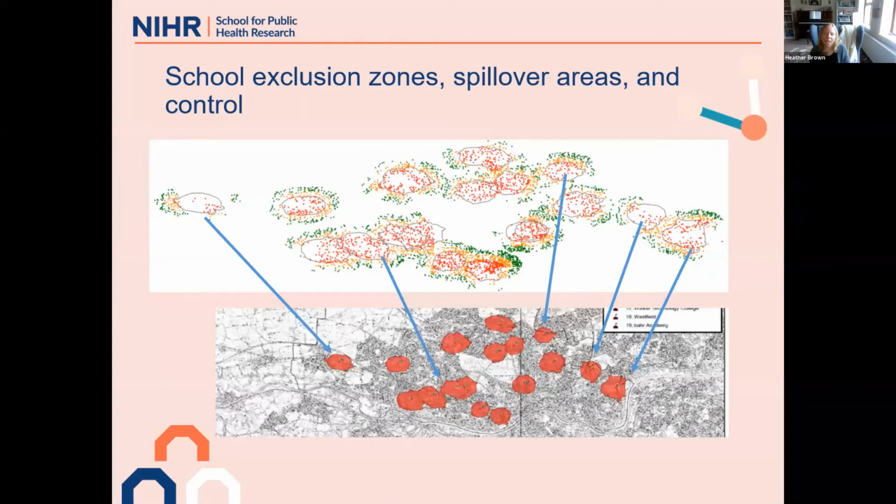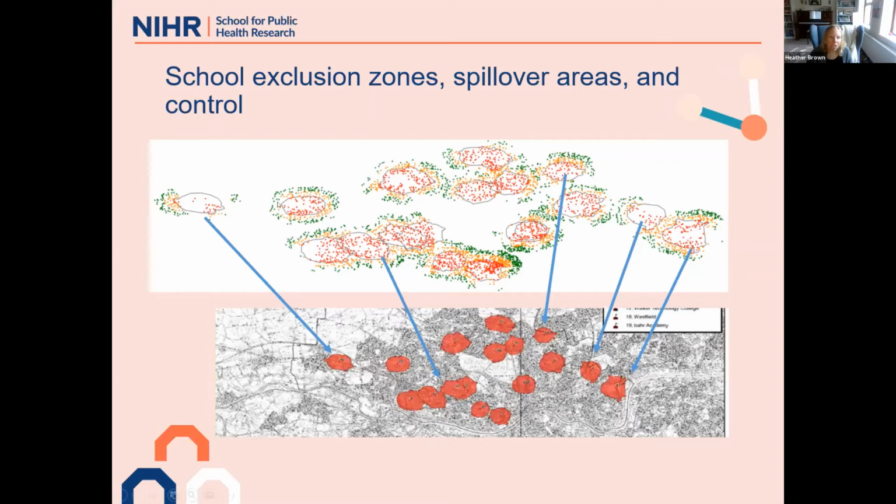So this slide shows what we did. The red dots on the blobs on the top, the exclusion zones, you can see are matched up to those on the map. We've put these into a statistical software package, and the red dots are those food businesses that are within the school exclusion zones.